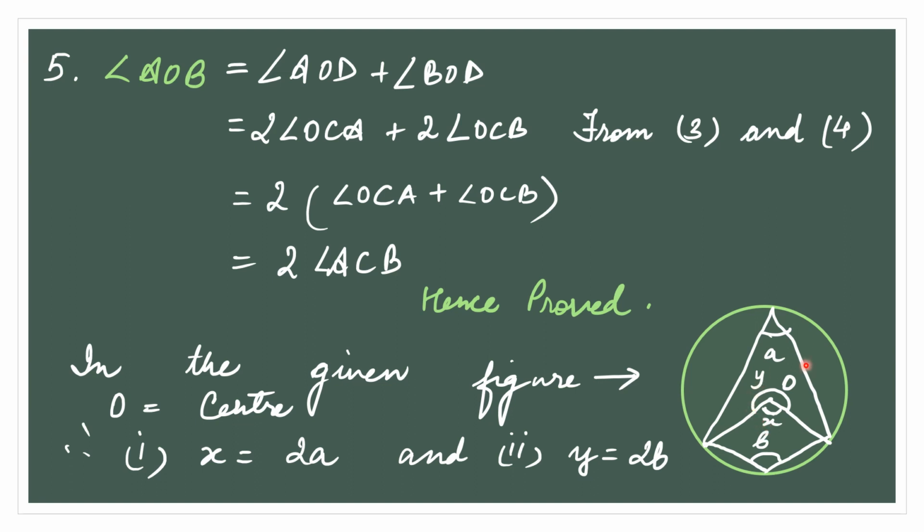Secondly, Y is equal to 2B, because Y is the reflex angle from the bigger arc. This is the angle subtended by the bigger arc on the circumference, and this is the angle subtended at the center.